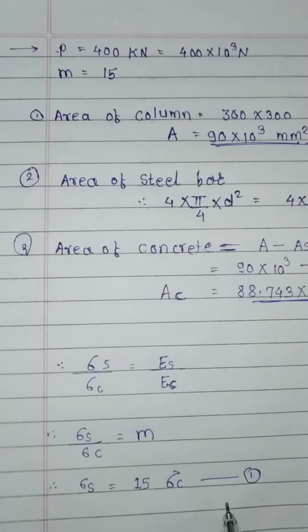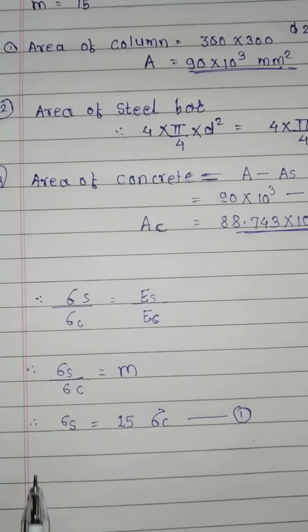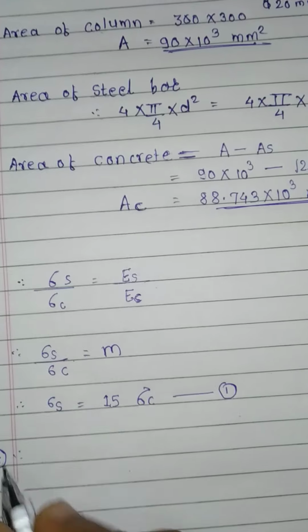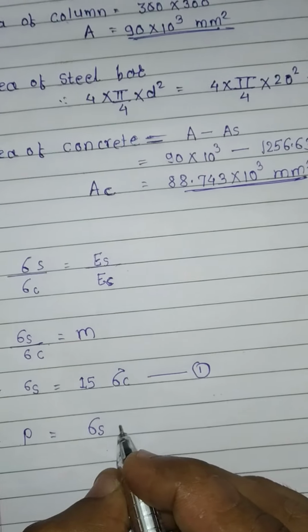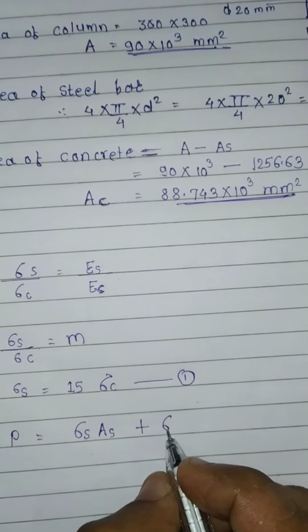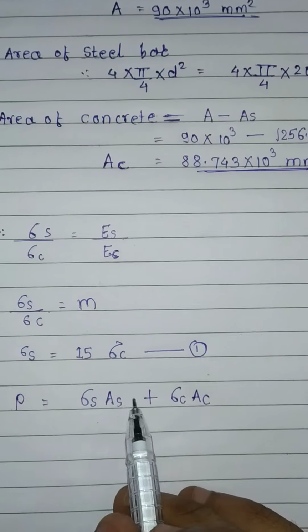We have to calculate the stresses in the two materials, steel and concrete. The next formula is the total load on the column: P is equal to sigma s As plus sigma c Ac. This is the formula of load.